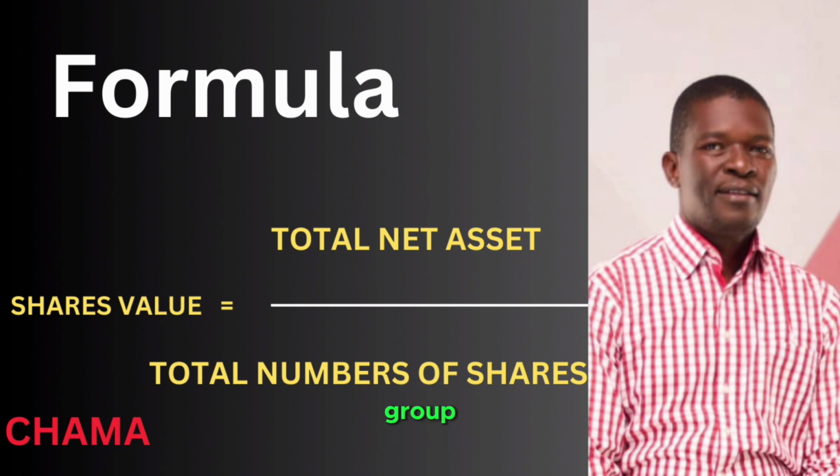Number 2 is the total number of shares. The more shares there are in your group, the lower the value per share.